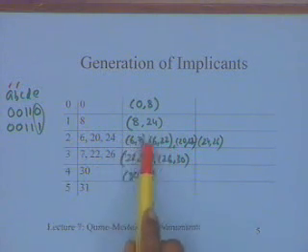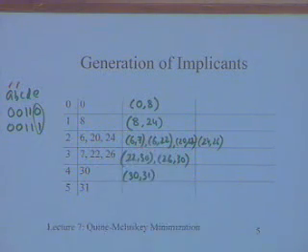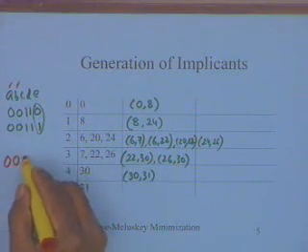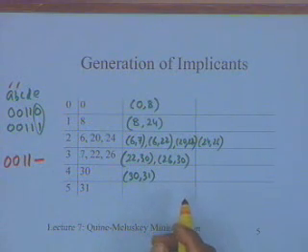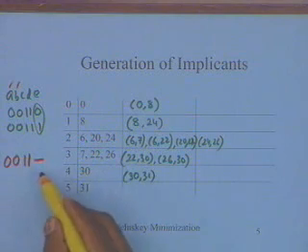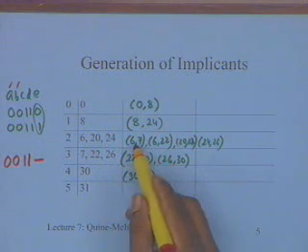What had happened over here is, if you look at them, what does 6, 7 mean? After combining 6 and 7, this term means 0, 0, 1, 1, dash, so it has 2 ones over here.